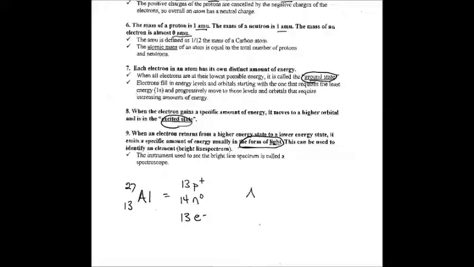But if we look at aluminum 27 as the ion, it will still have 13 protons, it will have 14 neutrons, but this time it will only have 10 electrons because it lost 3. The top number is the mass number, and the bottom number is the atomic number.